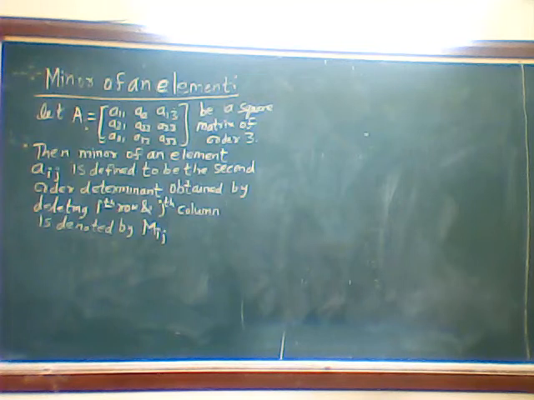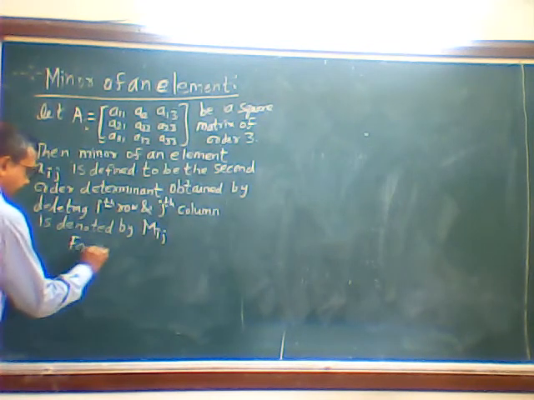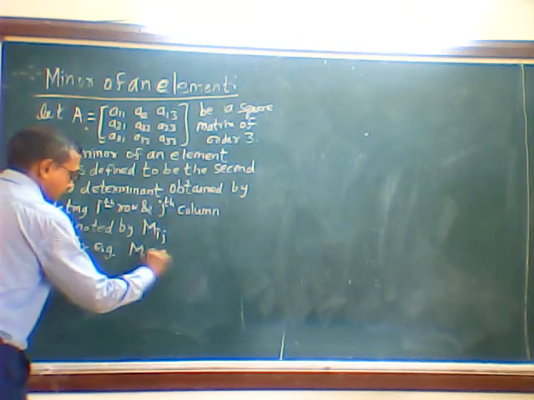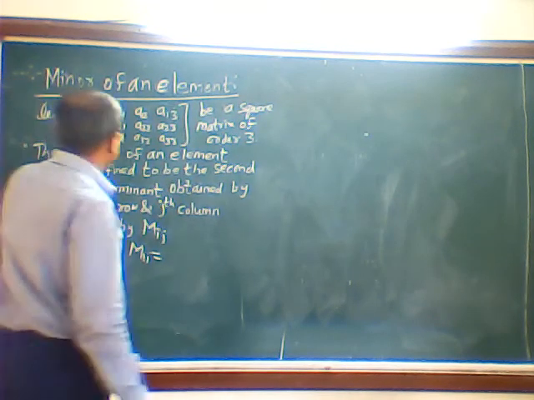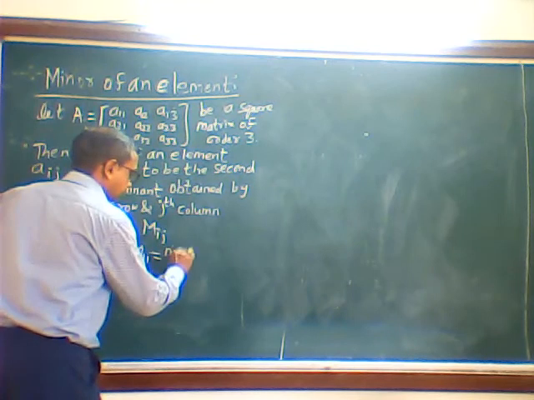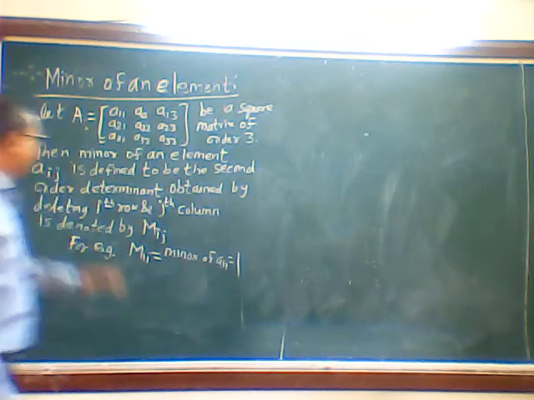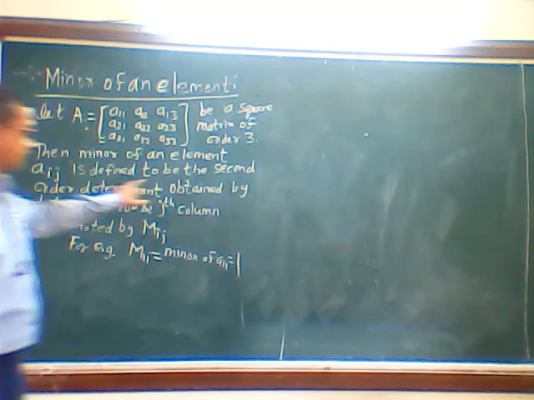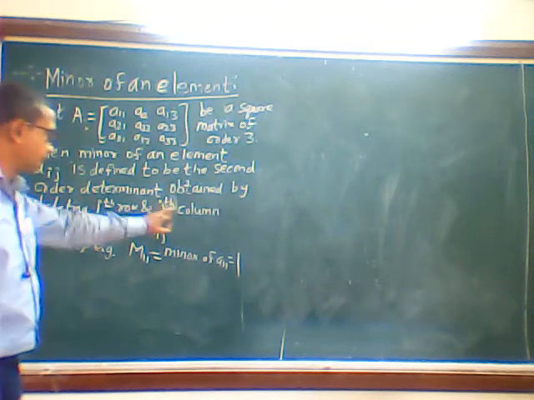Okay. For example, how is it understood? If I want M11, how to write M11? M11 is the minor of A11. The minor of an element Aij is defined to be the second order determinant obtained by deleting the ith row and jth column.